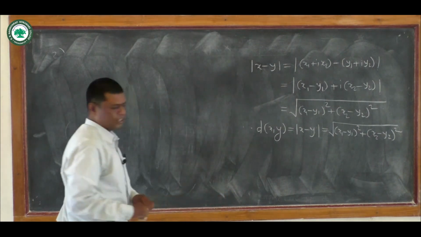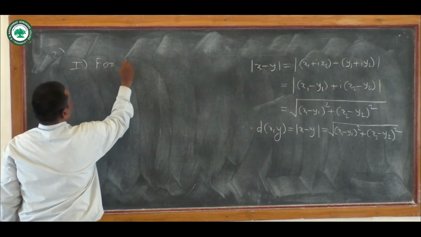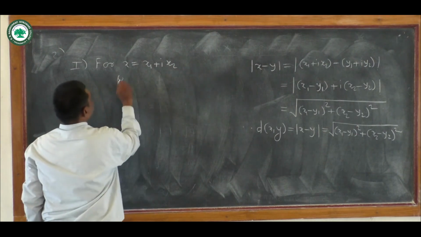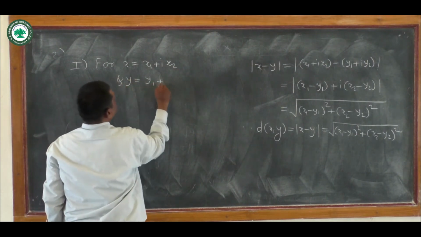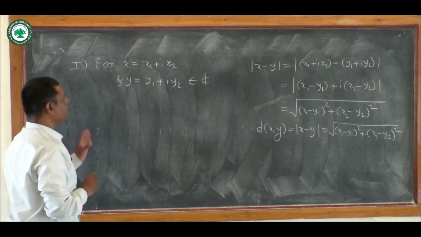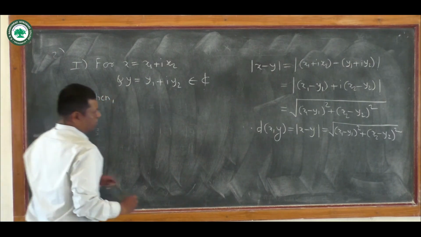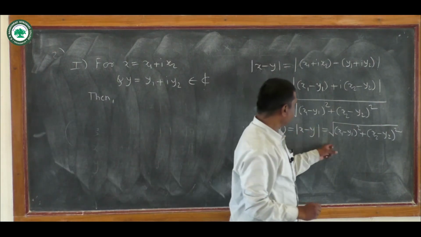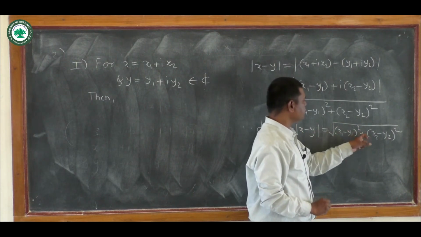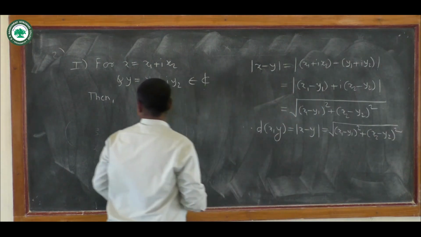Now for the first property, take x equal to x1 plus ix2 and y equal to y1 plus iy2 belonging to C. Remember, x and y are any two complex numbers. Then the distance between x and y is equal to the square root of x1 minus y1 bracket square plus x2 minus y2 bracket square.